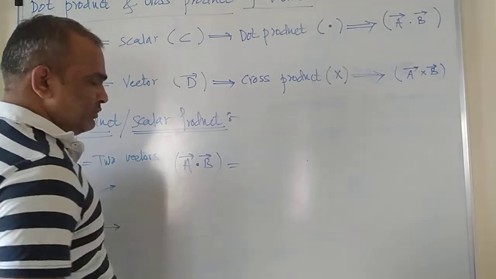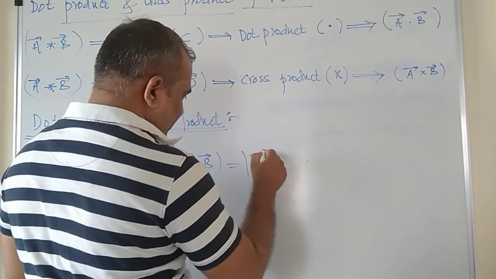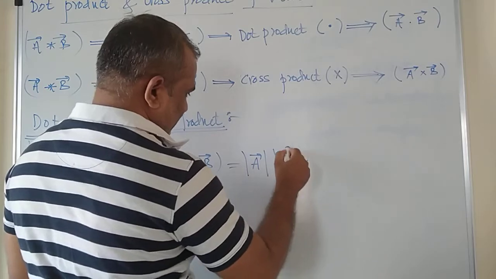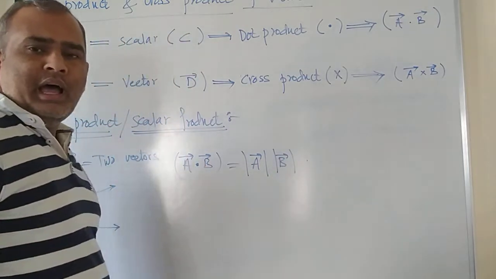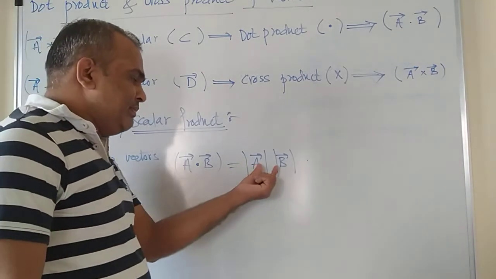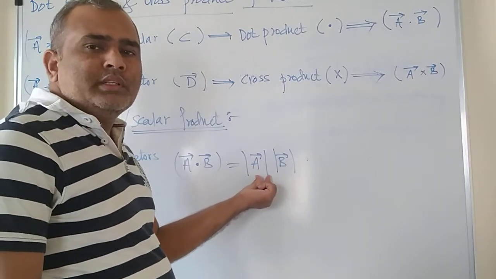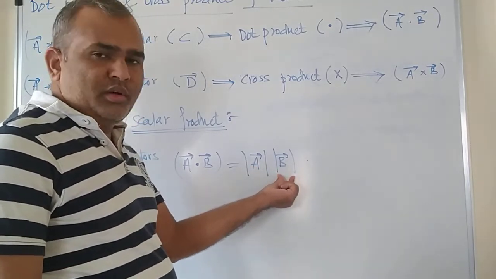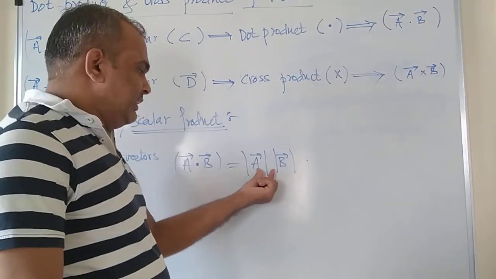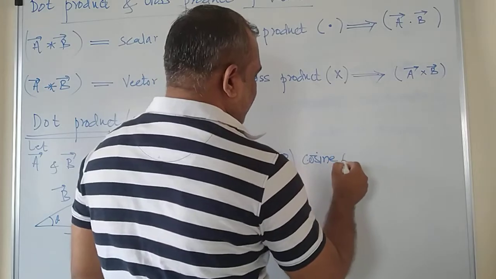and this is equal to the multiplication of the magnitudes of the two vectors and the cosine of the angle between the two vectors. So mod of a bar gives you the magnitude of vector a, mod of b bar the magnitude of vector b, their multiplication, and into cosine of the angle between them.